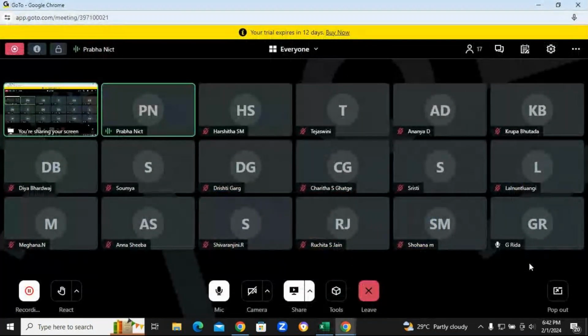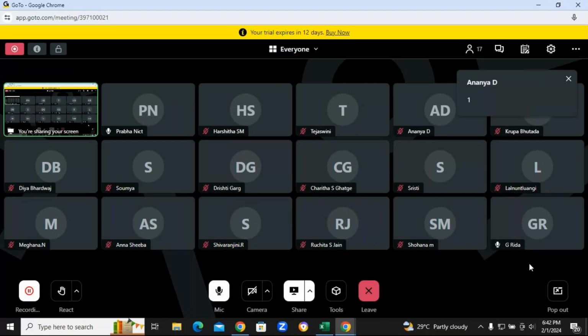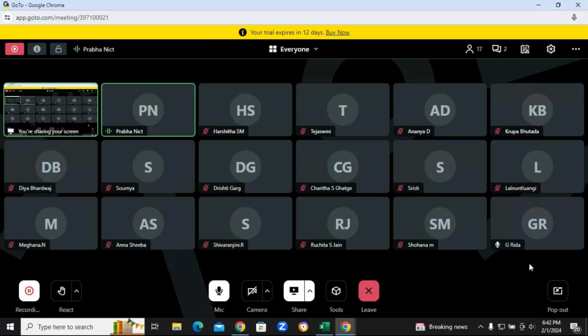Type in 1 if you people are clear till accumulated depreciation. If only 2 people are clear, what about the others?